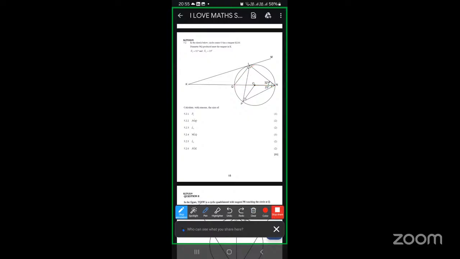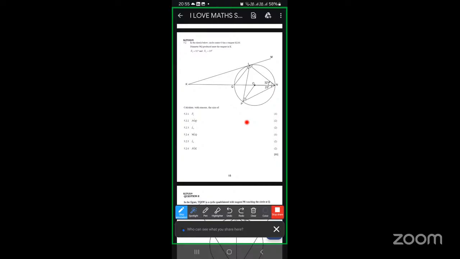Okay, we noted that. Then we go for the radius. We apply the theorem that we know about the radius. The one that we know is that the radius is perpendicular to the tangent, but here we don't have a radius that is perpendicular to the tangent. It's fine. Also we know that the radius of the circle is equal throughout the circle. So this line OP is equal to this line ON.